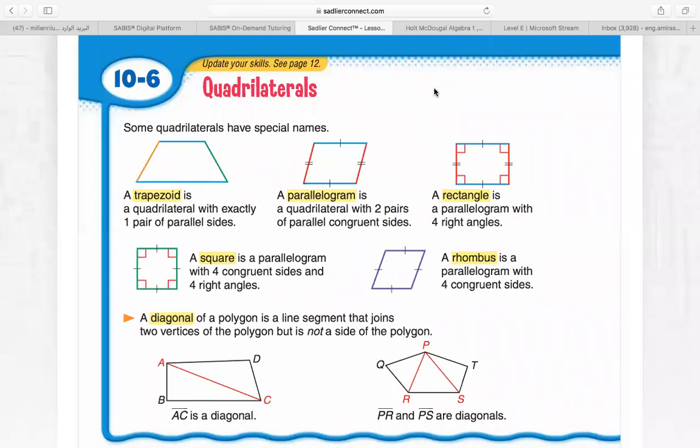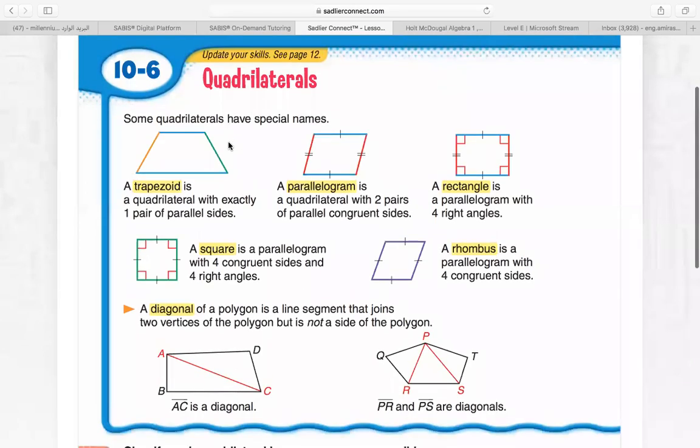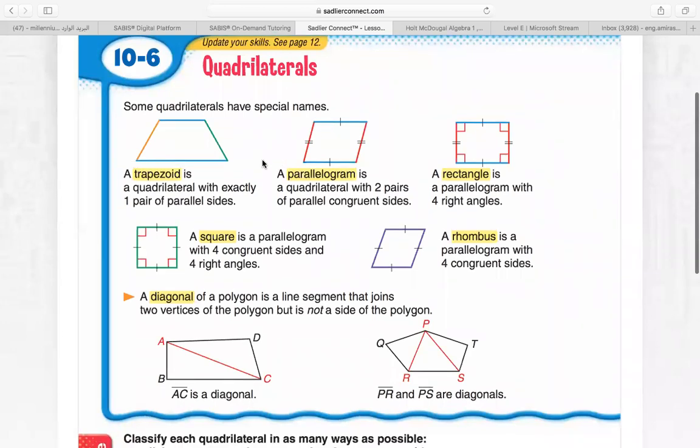Quadrilaterals. I know it's hard in the beginning to pronounce it, but you'll get used to it. It is called quadrilaterals. What are quadrilaterals? Some quadrilaterals have special names like a trapezoid, a parallelogram, a rectangle, a rhombus, a square.